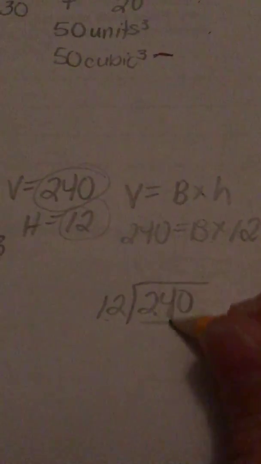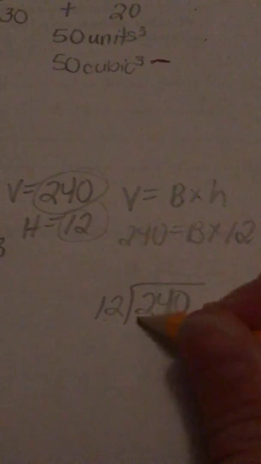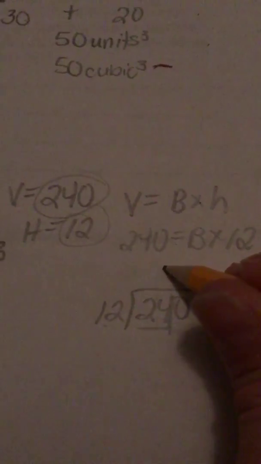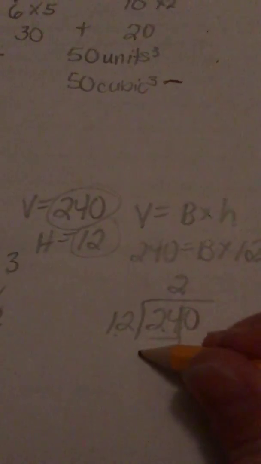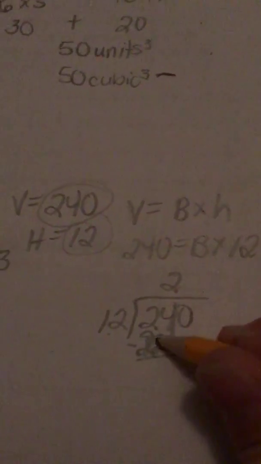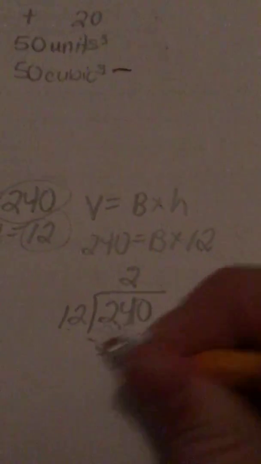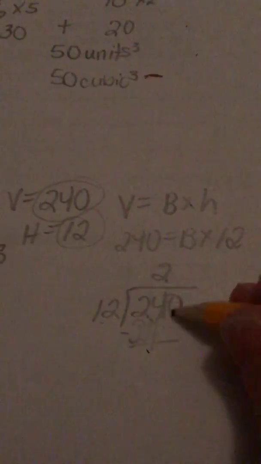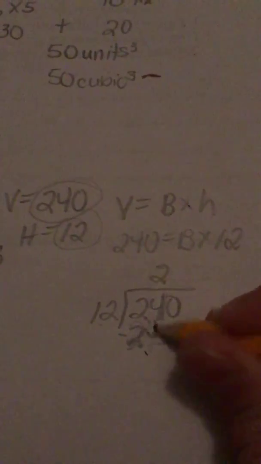I can't do 2 divided by 12, but I could do 24 divided by 12. 24 divided by 12 is 2. 2 times 12. Whoops. That's what happens when I skip steps. 2 times 12 is 24.